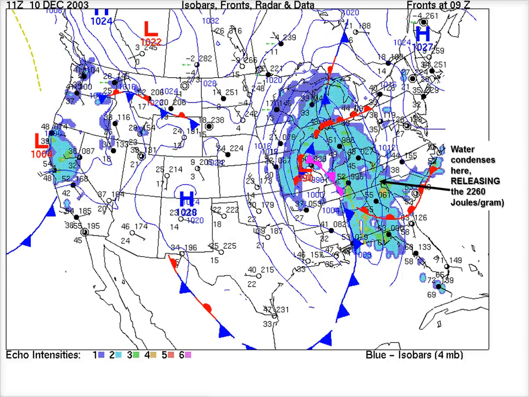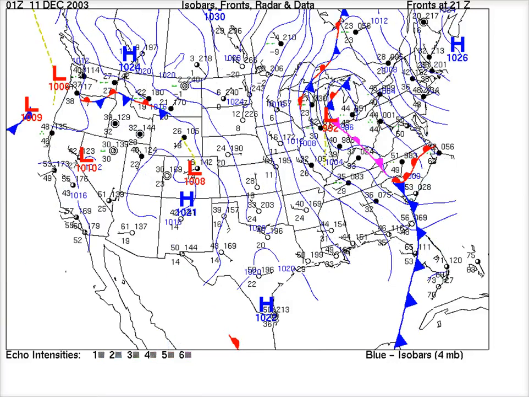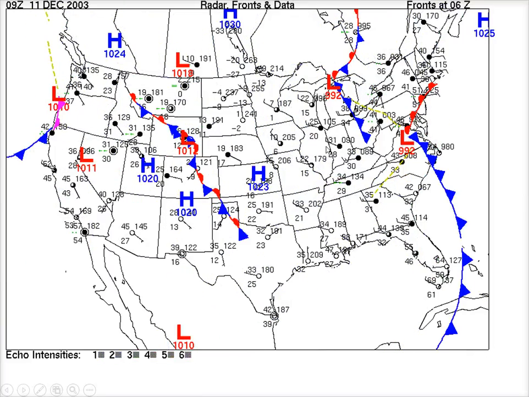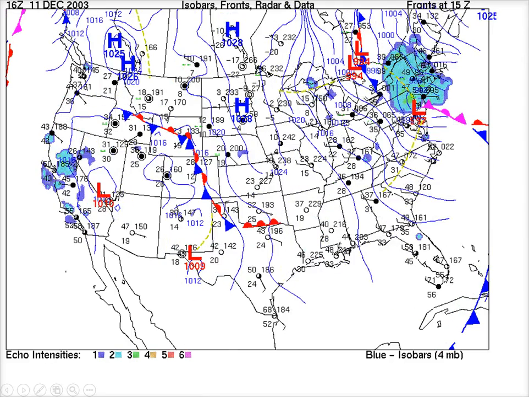Now later, this front, this warm front, has moved this direction from here to here, and the water vapor that evaporated here condensed here, releasing that energy, releasing the 2260 joules per gram of water. So energy that was once here now has been brought to here. And now we're going to watch and see the typical direction of these fronts here.